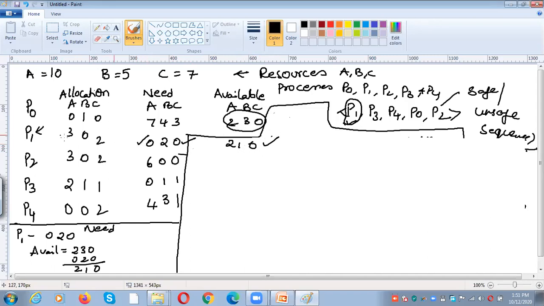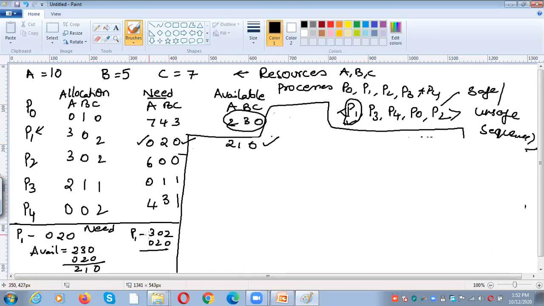After completing the task, earlier how many were given? Earlier you gave 3 0 2 to P1. Now you are allocating 0 2 0. Did you get my point? This is the allocation. Earlier it was already allocated. Currently it still requires 0 2 0, so you need to allocate this also to P1.